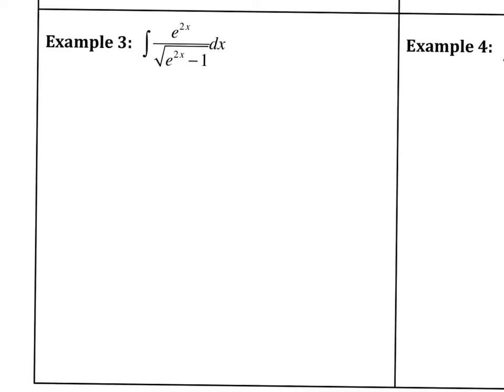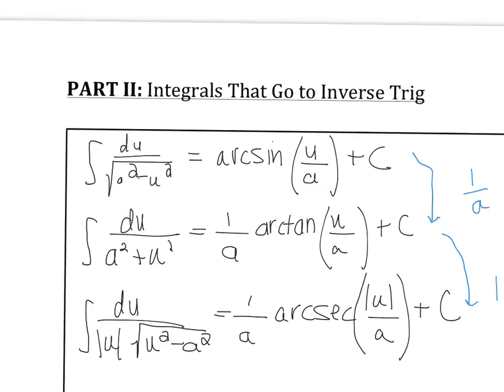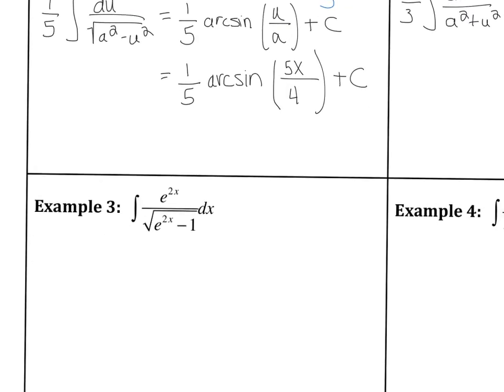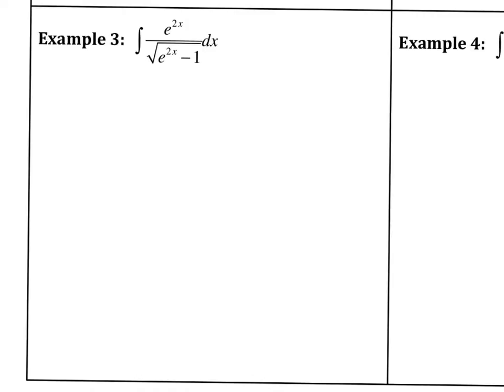Actually, this couldn't be an arcsine, at least not right now, because arcsine is a squared minus u squared, and this looks like it would be of the format u squared minus a squared. So something's off. But again, let's just try it. If we were going to do this, this would be my u squared.